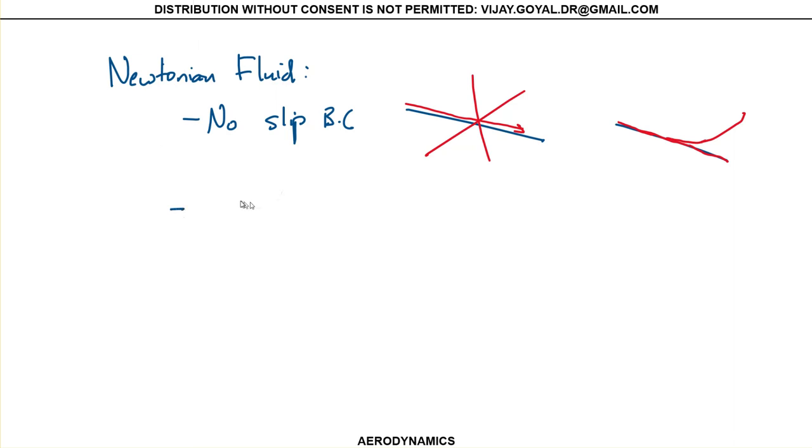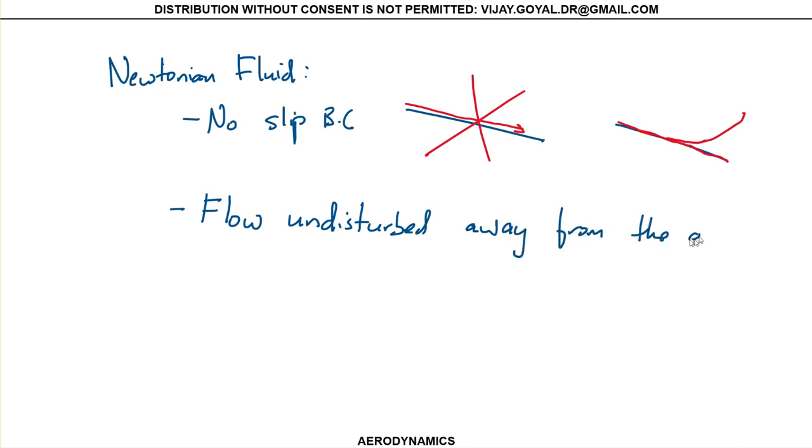The next thing that we want to consider is that the flow remains undisturbed away from the airfoil. Okay, so as I move away from my airfoil, it's going to remain constant.